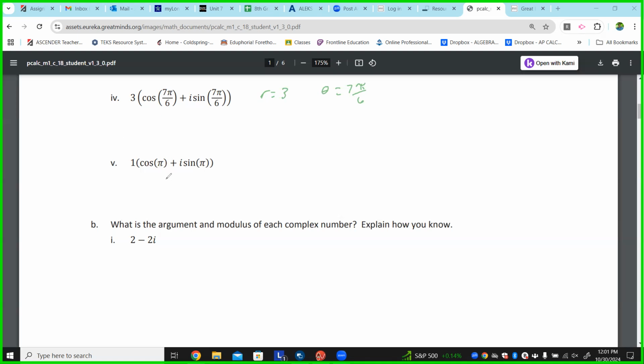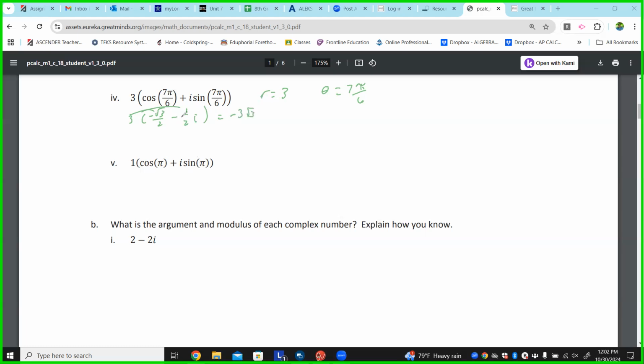All right. So cosine 7 pi over 6 would be? Yep. Again, what do I need to do? So when I do that, again, this becomes a 3 times a negative. So it should be represented as negative 3 square root of 3.